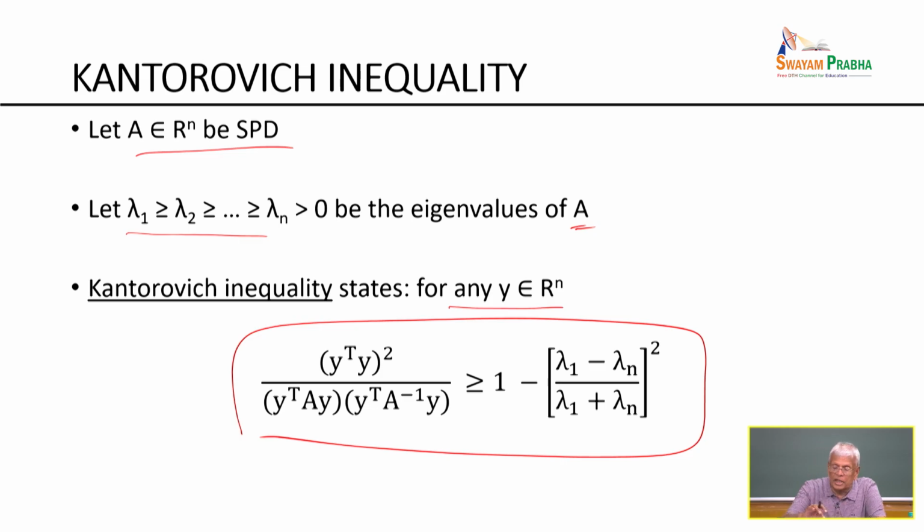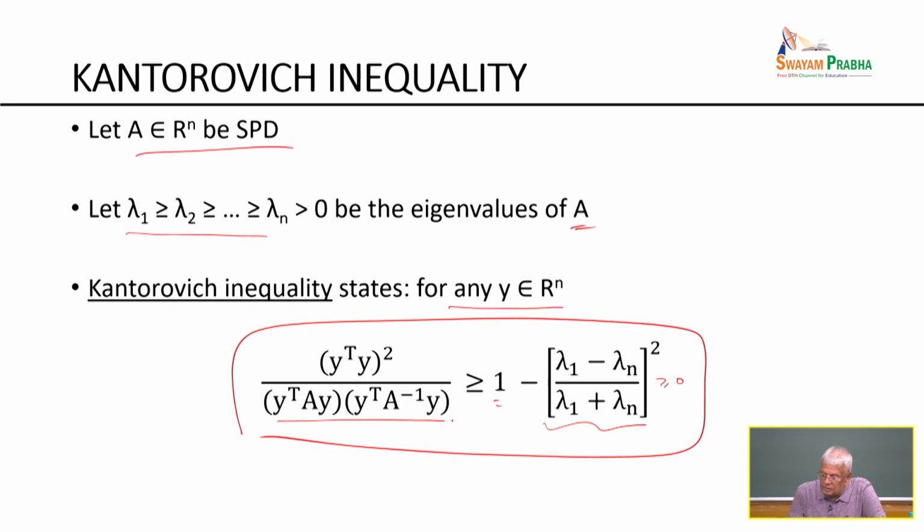Lambda 1 is the largest eigenvalue, lambda n is the least eigenvalue. So, lambda 1 minus lambda n divided by lambda 1 plus lambda n is less than 1. I am squaring that, it is still less than 1. So, you got this relation, this is called Kantorovich inequality. So, this quantity is less than 1, therefore, this is always positive, we know.